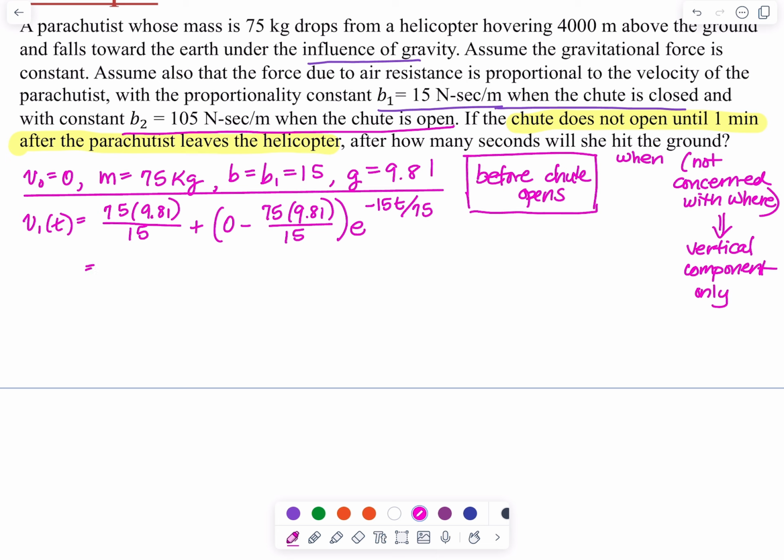And if we simplify that, we come up with 49.05 multiplied by 1 minus e to the negative 0.2t.